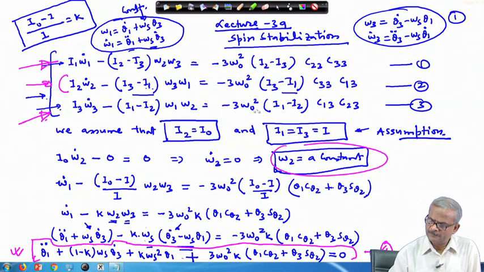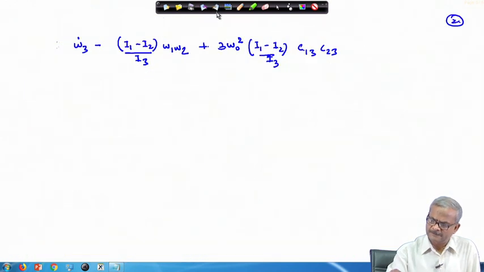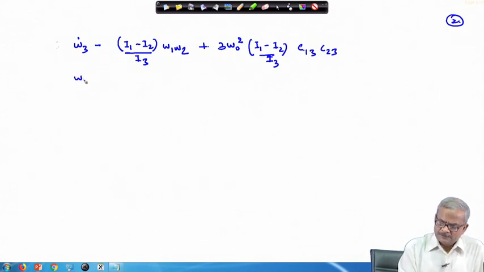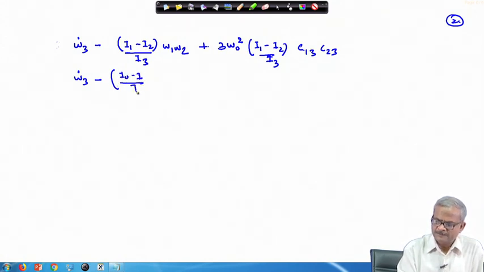This equation we have brought here on the left hand side and written like that. So, omega 1 omega 2, this becomes omega 3 dot, and here we will take the minus sign and I 0 write it like this.